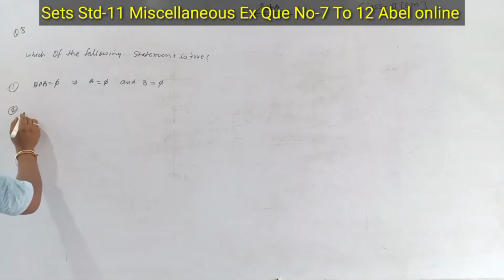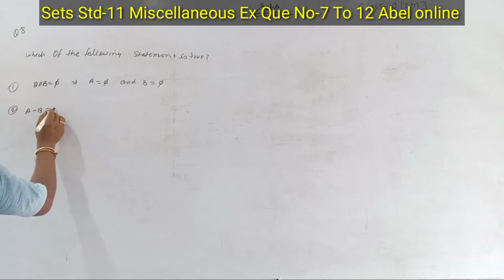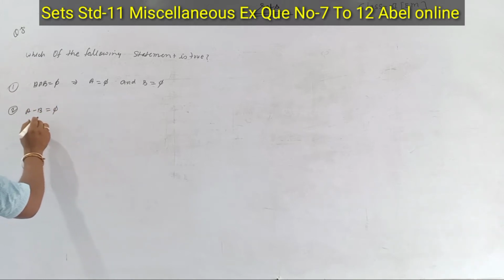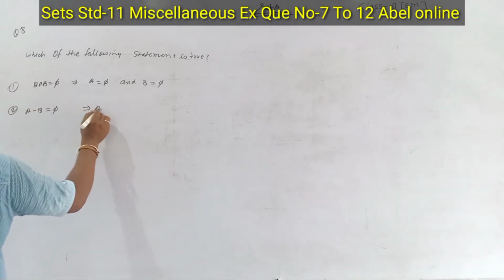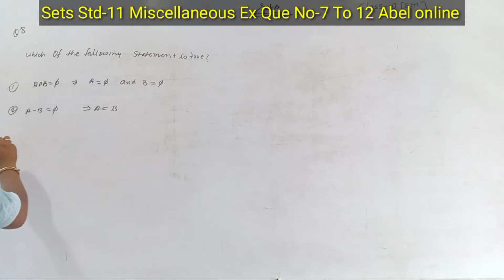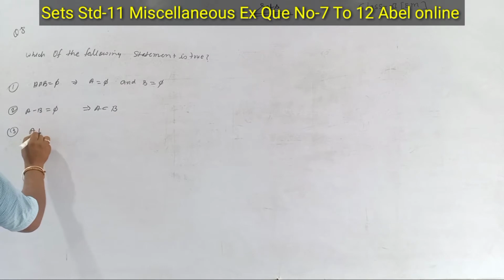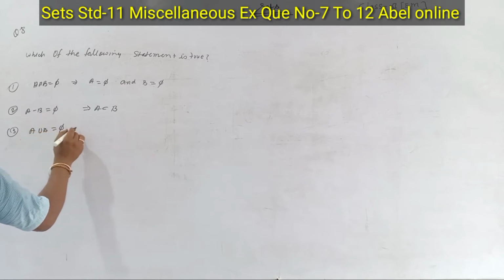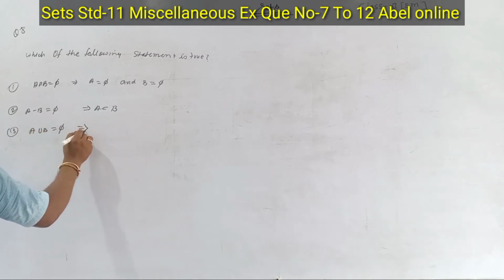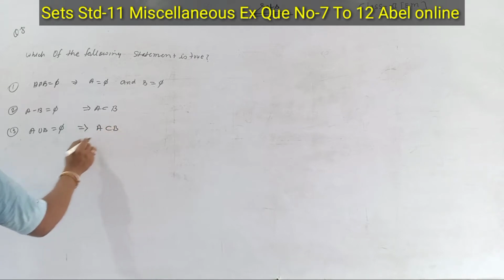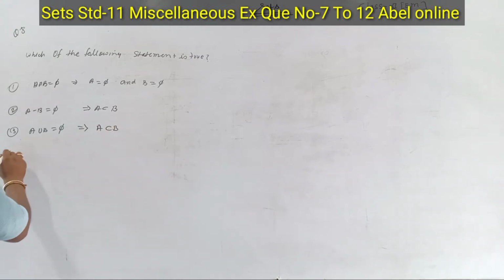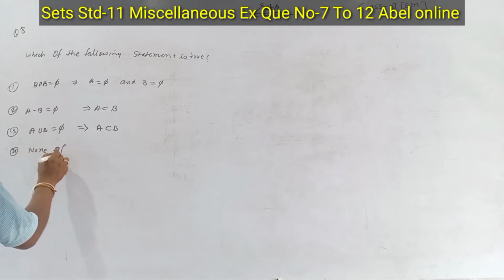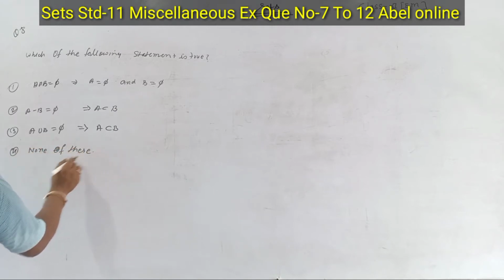Second: A minus B equal phi implies A intersection B. Third: A union B is phi implies A intersection B. Or fourth: none of these.